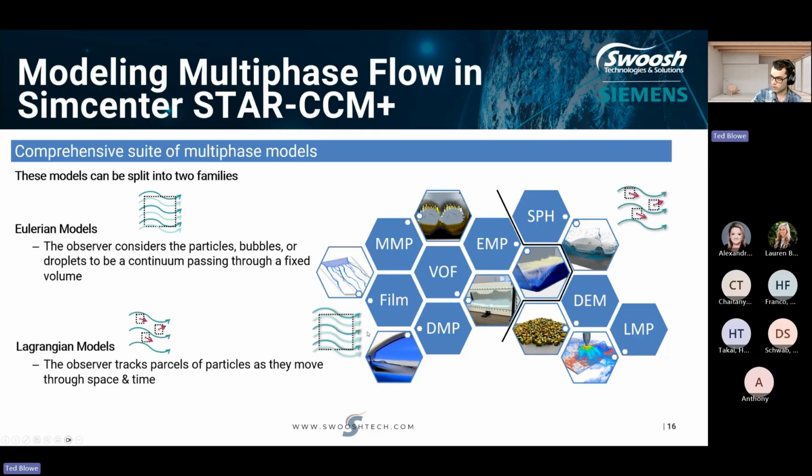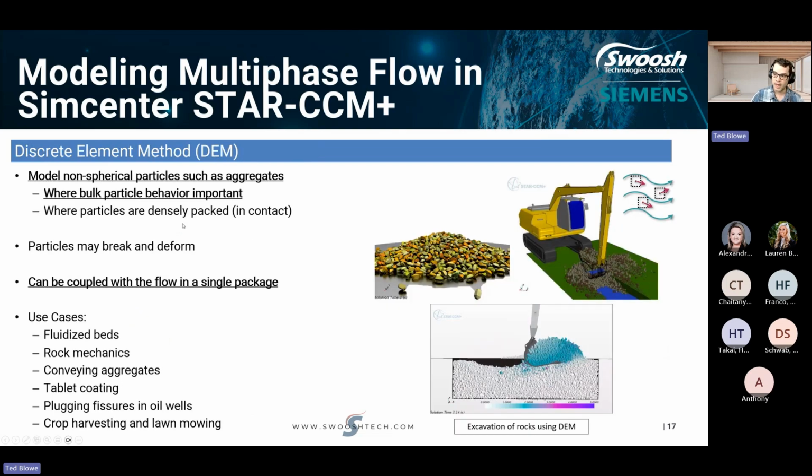Okay, so on the left we have the Eulerian, and on the right we have the Lagrangian. Within the Lagrangian models, we are going to focus on the DEM, or the discrete element method. We can think of DEM as an extension of the Lagrangian framework.